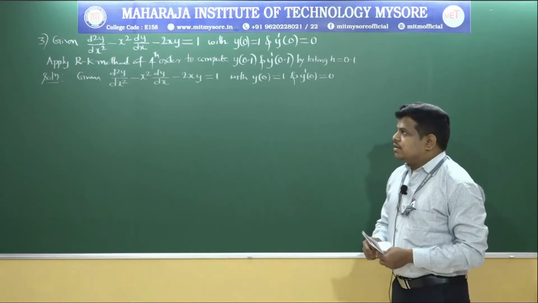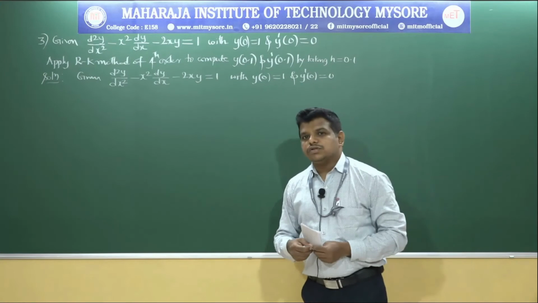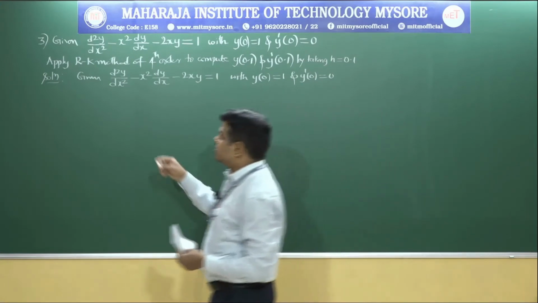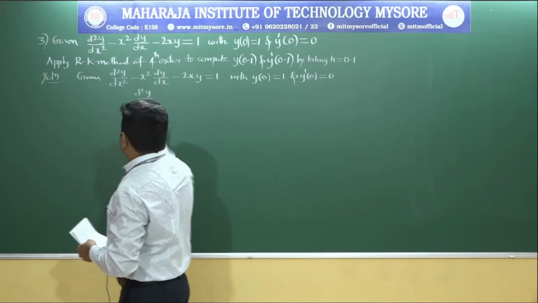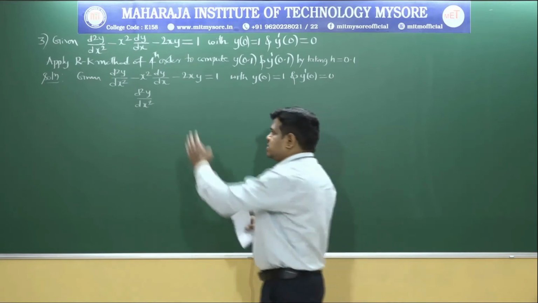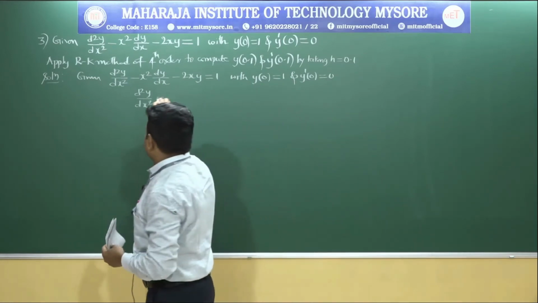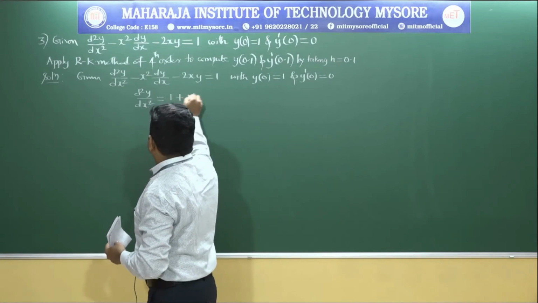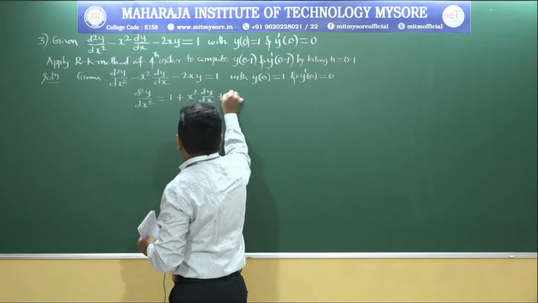I am considering the given differential equation. Now we need to solve this for the second order differential equation, that is d square y by dx square. I am shifting the second and third term to the right hand side. Since it has negative sign, on shifting to the right hand side it becomes positive sign, that is equal to 1 plus x square into dy by dx plus 2xy.